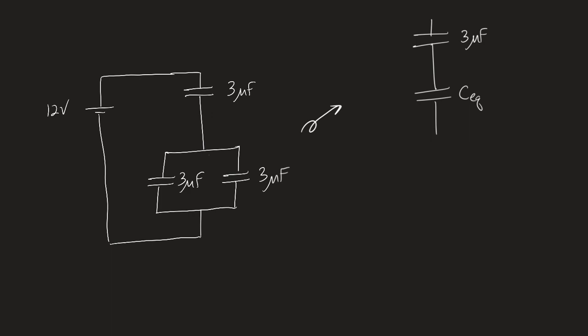Now this one's easy. Parallel ones we just add together. So our equivalent capacitance for that bottom part will just be 3 plus 3. Not tough. 6 microfarads. So that's our first step in our stepwise reduction. We still can't apply the voltage because we do not have a single capacitance yet.